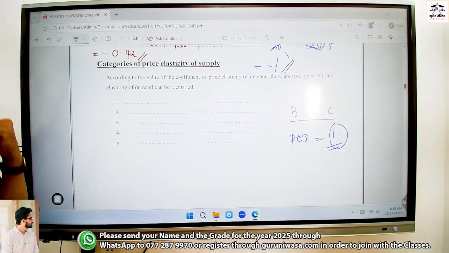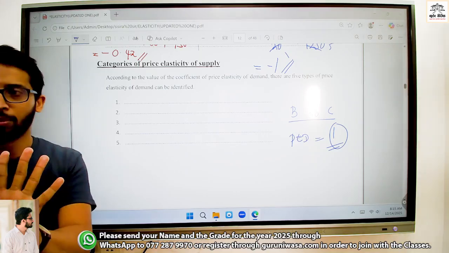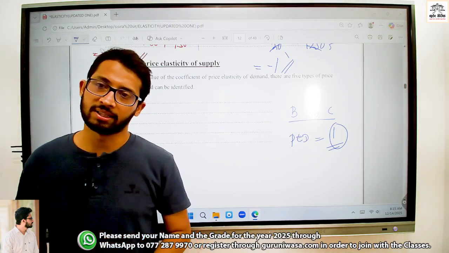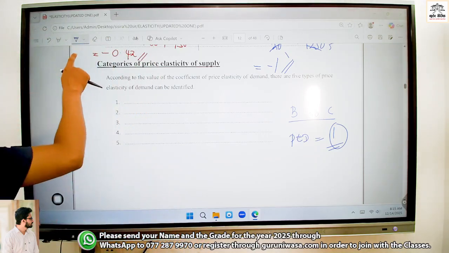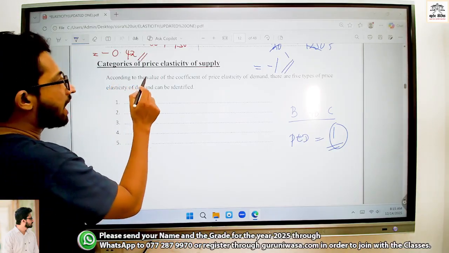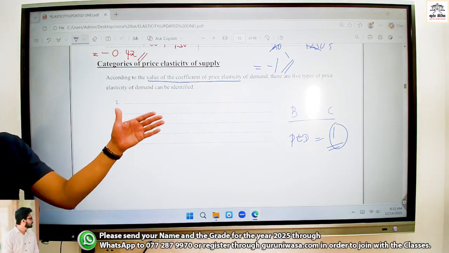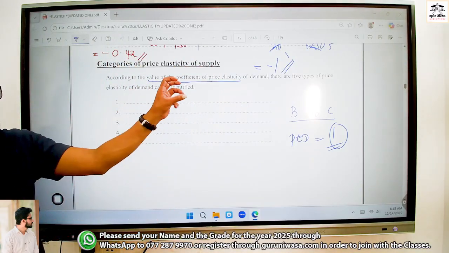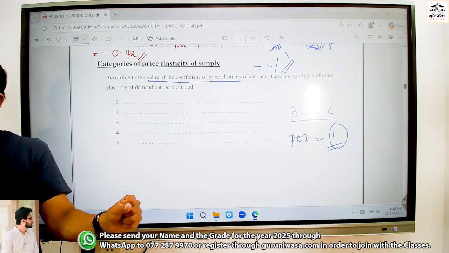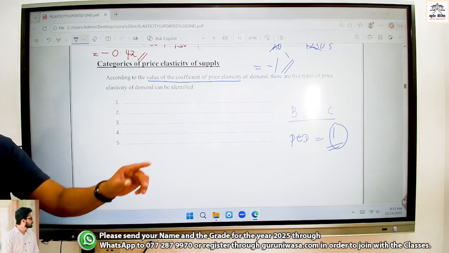Based on this value that you have already calculated, we divide products into 5 categories. How many categories? Right, 5 categories. Remember, this categorization is done based on the coefficient value of PED.